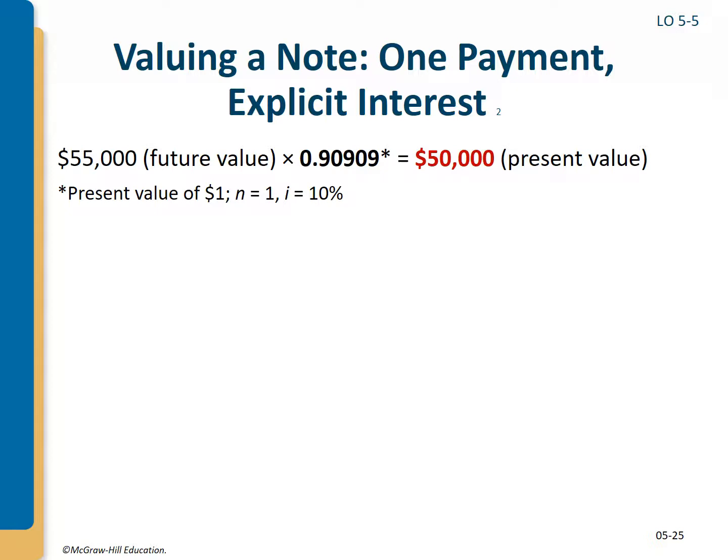Now I've kind of abandoned our financial calculator, so let's go back to that. I'm hitting the apps button. I'm going back into finance, TVM solver. So now my N is 1. My interest rate is 10. My present value will be 0 for now, and I'll use my arrows to go down, and then my future value is 55,000.